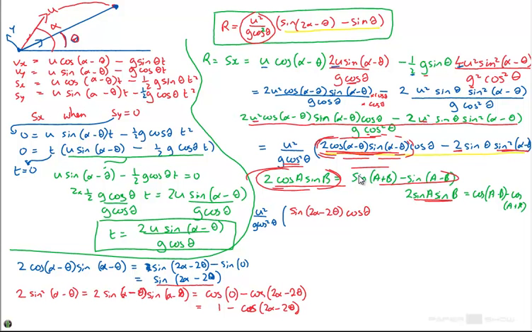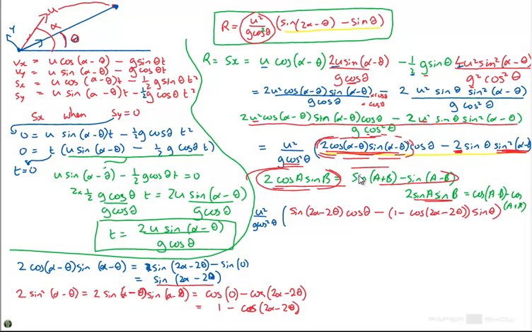Instead of this term and this term, we can substitute in, it's going to be minus brackets 1 minus cos 2 alpha minus 2 theta, bracket, and there's also a sine theta there.